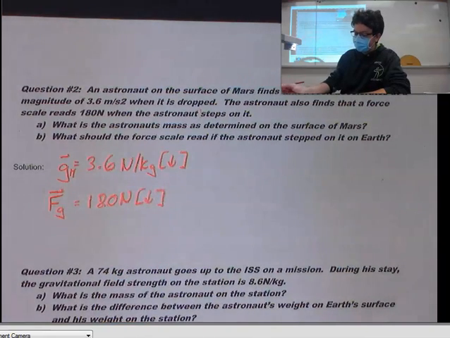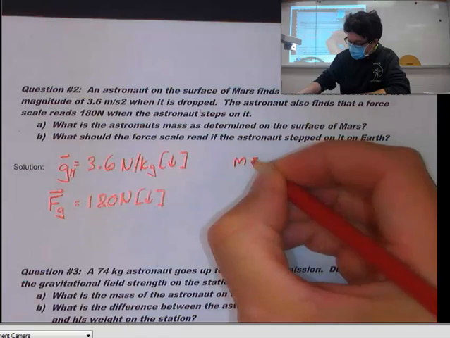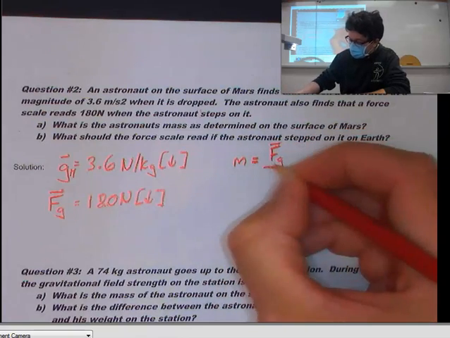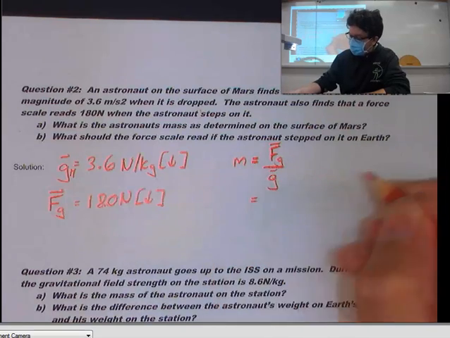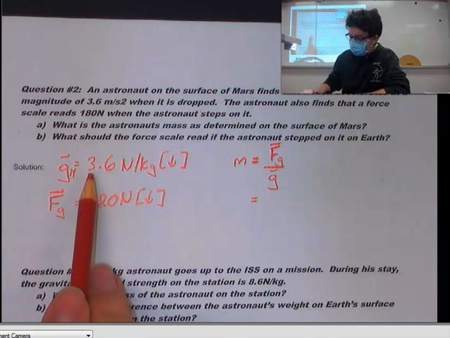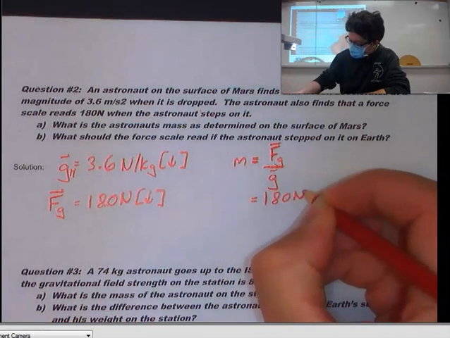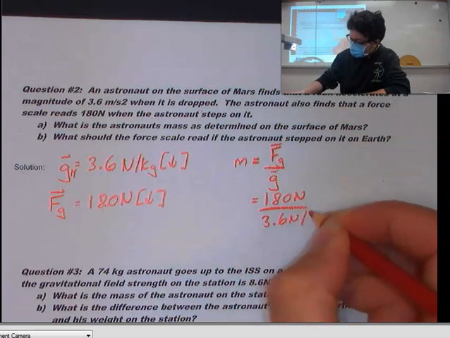Now part A says to find the astronaut's mass. So to do that, you can look at your triangle and you'll see that mass equals the force of gravity divided by your gravitational field strength. Looking at those magnitudes, we have 180 newtons divided by 3.6 newtons per kilogram.